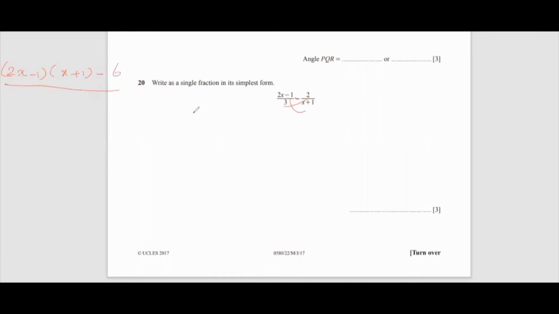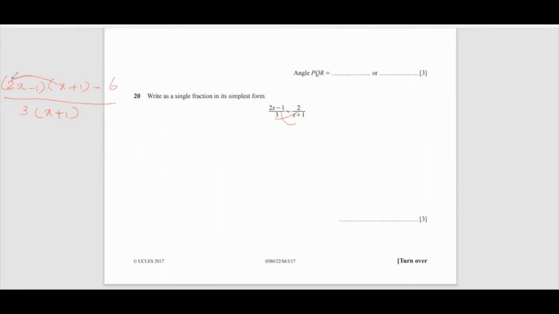Then you need to multiply the denominators as well: 3 times x plus 1. Know the name of the method, the FOIL method. If I multiply, what can I get? 2x times x is 2x square, plus 2x times 1, 2x, minus x, minus 1.